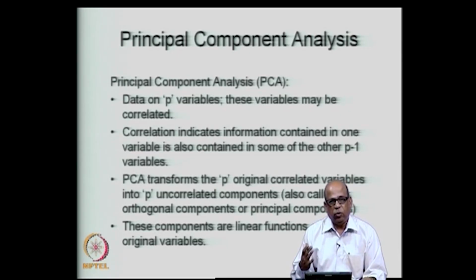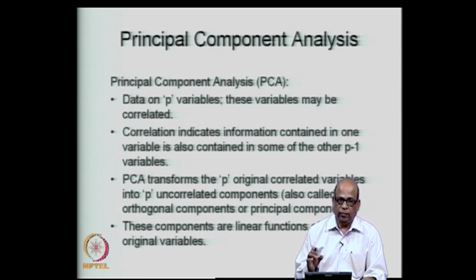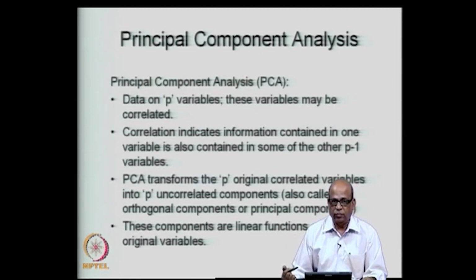Now, what do we mean by correlation? If you recall from your earlier lectures in this course, correlation means that the information contained in one variable is also contained in some other variable, and this information we have to filter out, so that we do not repeat what is contained in several variables.